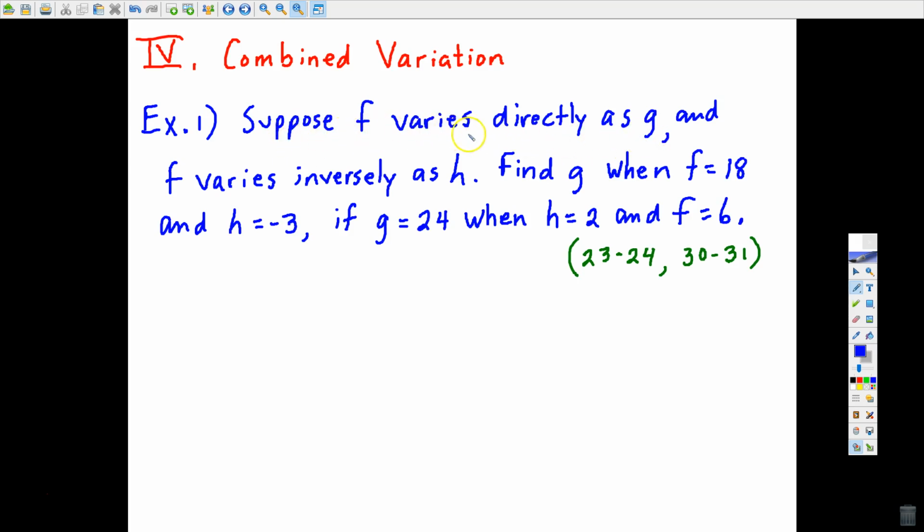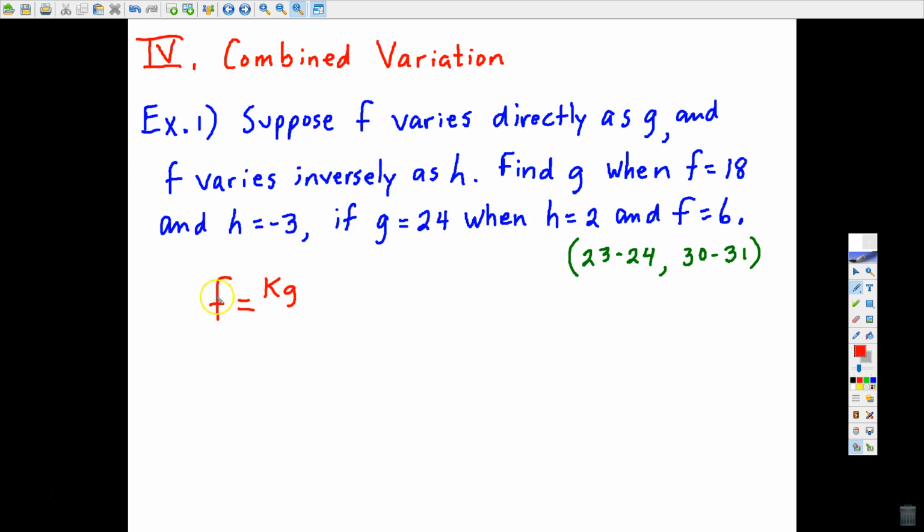Suppose f varies directly as g. Let's just take that part. We know what direct variation looks like. We've been practicing that. F varies directly as g, so that's going to be k times g. Direct variation always means multiplication by k.